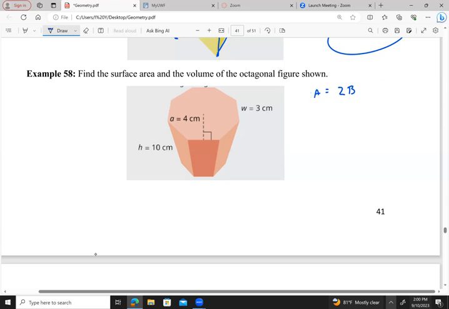This doesn't make any sense. Let's look at it this way. So I have 8 times a 10 by 3. This is 3 inches or centimeters. This is 10, and it's a rectangle. And I have 8 of them. That's 8 times 30, which is 240.